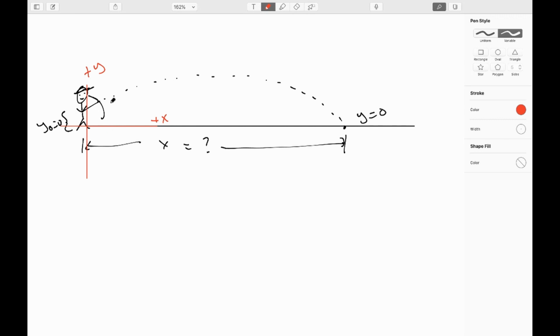Now, let's say, for the sake of argument, that the angle that the arrow was fired at was 30 degrees. And we'll say that the arrow was initially going at 60 meters per second. Now notice I did not say v0 x and v0 y, just v0. This is the initial speed of the arrow.